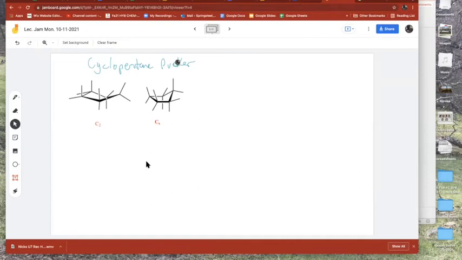Pucker, not flat. The reason why it wants to pucker and not be flat is because if it's flat, all of its hydrogens will eclipse each other if we were looking down their Newmans.